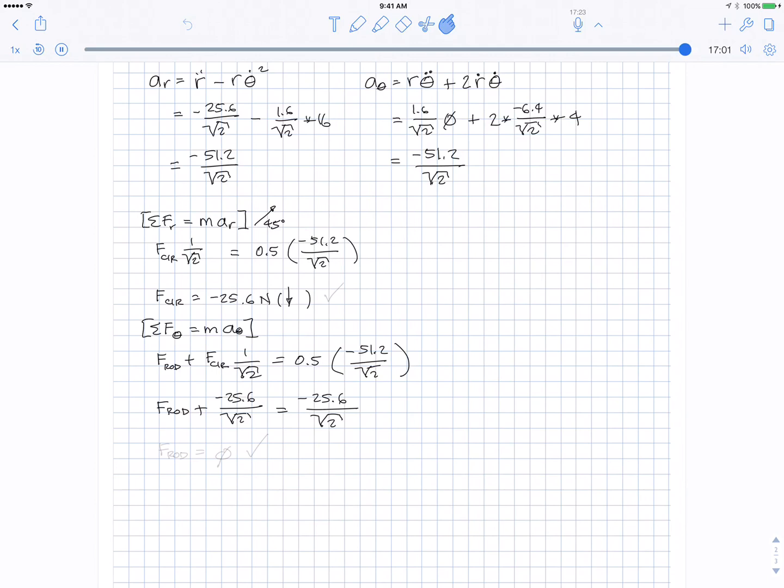And so that means the force of the rod on the collar is 0. I did look at the solution, and that is correct. So let me double check the other one. 25.6 newtons, and that is correct. Okay.